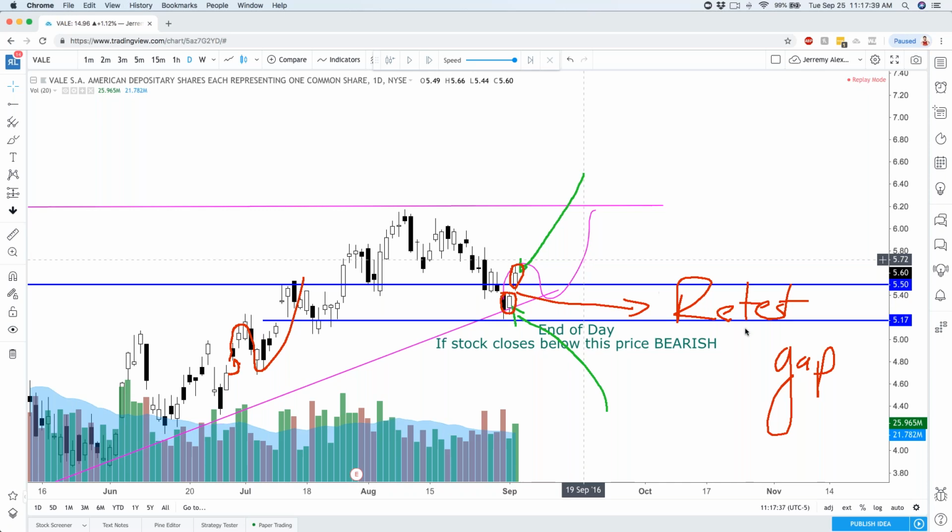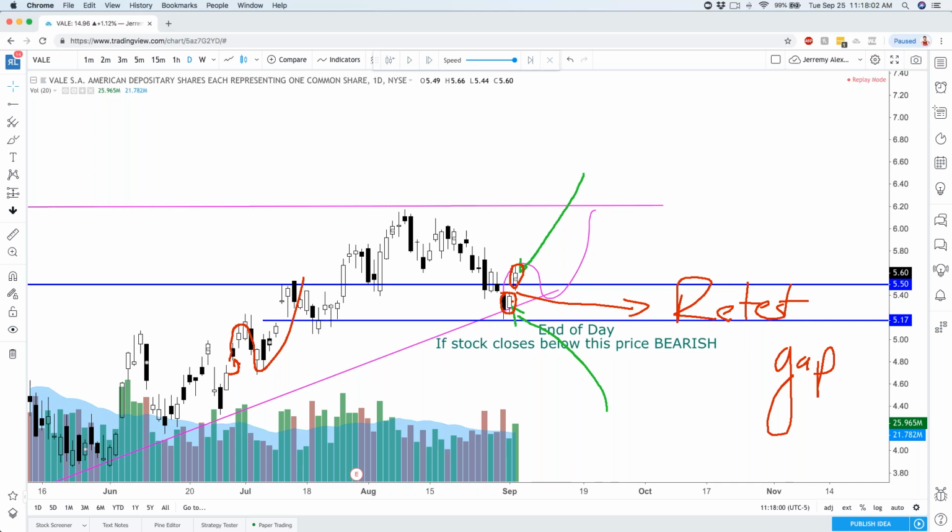So a white candle gapping up is a retest gap because we know for a 100% certainty that someone somewhere in the world bought on this day. It's just that simple. It's an absolute fact that someone bought on the 1st of September. So if they bought and they're now profitable, what do most people do when they're profitable? They sell.